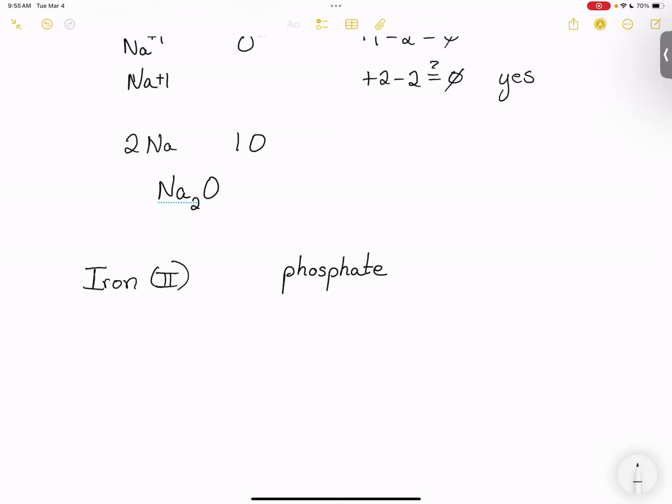It tells me the charge. I had to tell you the charge on this iron because iron is one of the metals whose charges can vary. So I'm going to have to be quite specific that it is iron 2. So therefore it is Fe2+. And phosphate, ending in ATE, means that it is a polyatomic ion. It is the polyatomic ion PO4 3-.